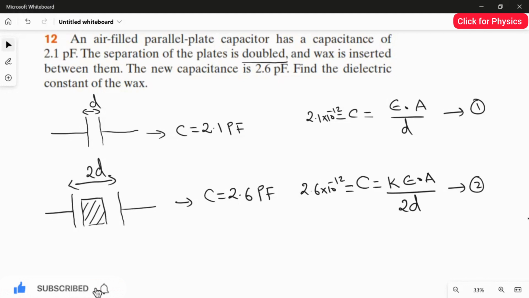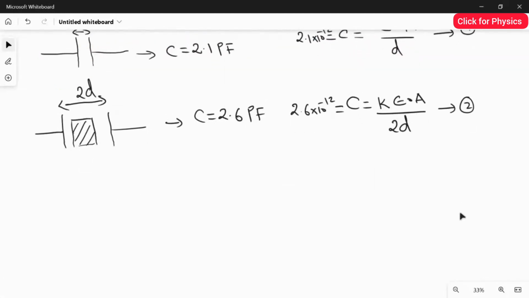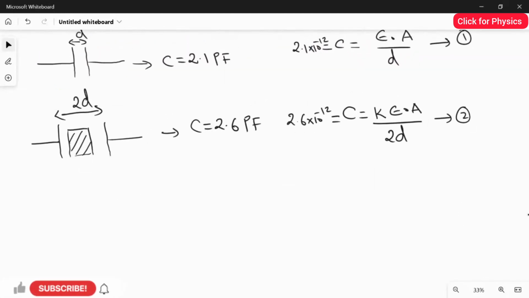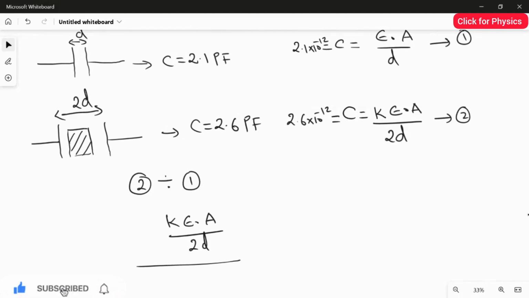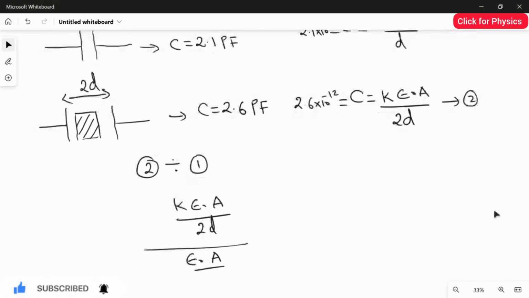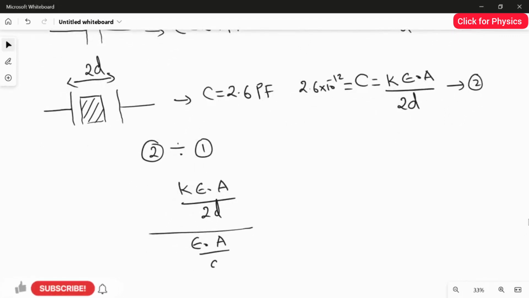So I'm going to divide the second equation by the first equation. First of all, I'm going to divide the right hand side: K epsilon naught A over 2D is going to be divided by the right hand side of the first equation, which is epsilon naught A over D. Now I have to divide the left hand side of the equation.